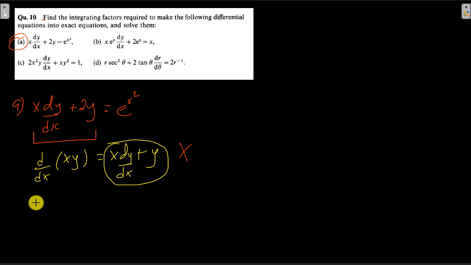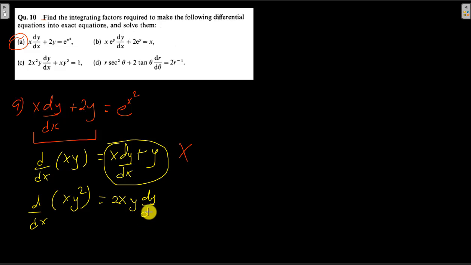Let's try out another one. Let's take d dx of, let's try out xy squared. Perhaps that would help us. Let's see what this gives us. If I keep x constant, the derivative of y squared is 2y.